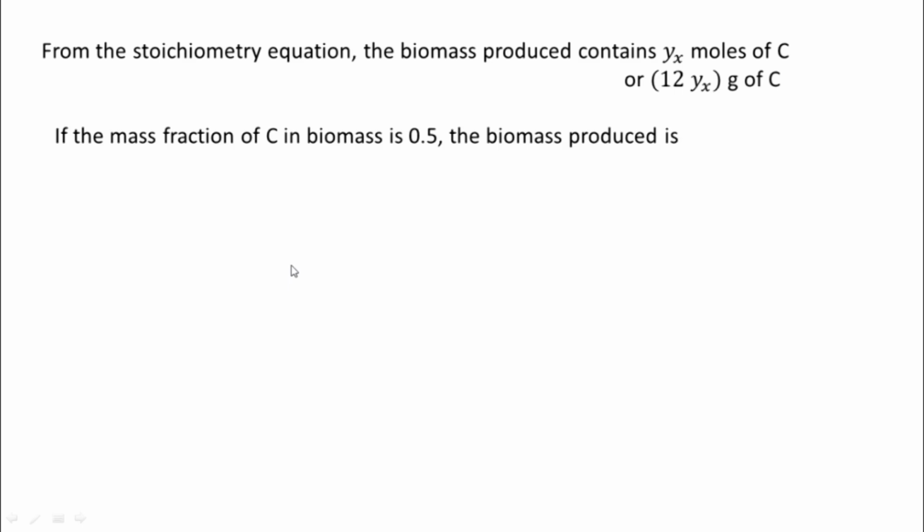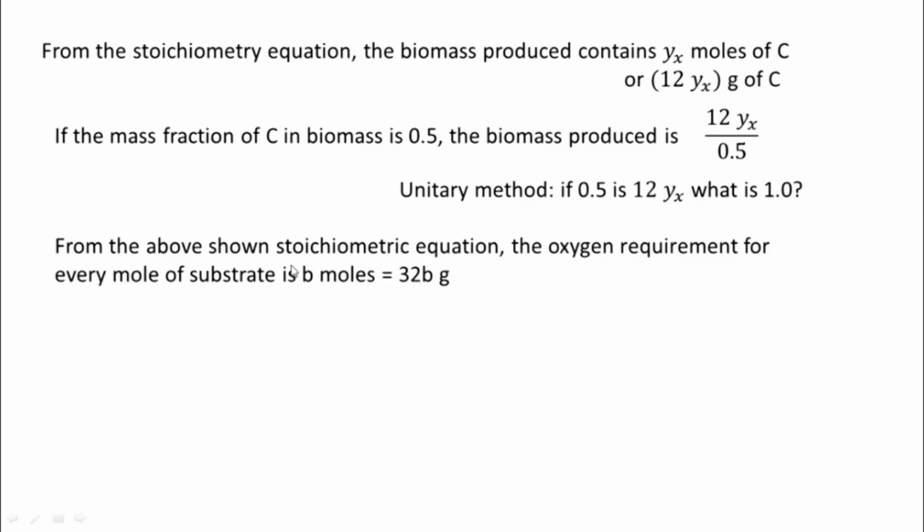So the oxygen requirement for every mole of the substrate is b moles, and the molecular mass of oxygen is 32, and therefore 32 b grams is the mass of oxygen that is required here. We are converting everything into mass because the yield coefficient is defined in terms of masses.